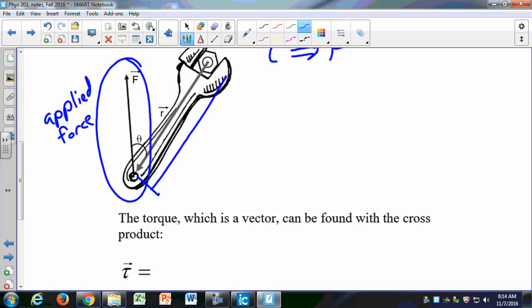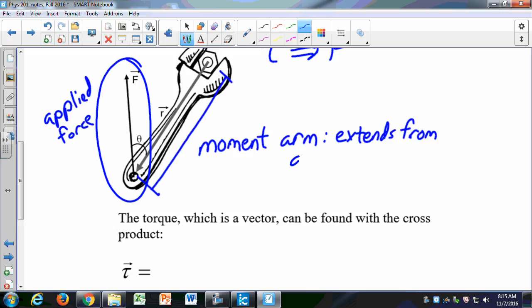This distance is the moment arm. The moment arm extends from the axis of rotation to where the force is applied.